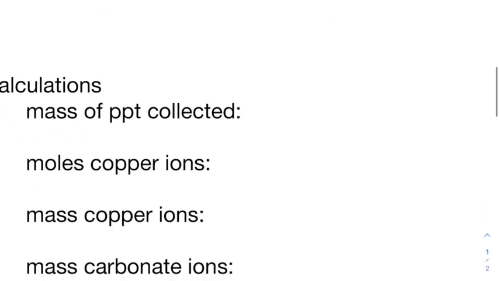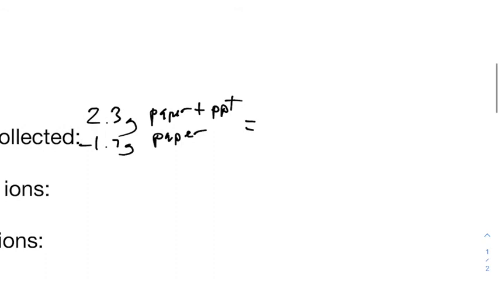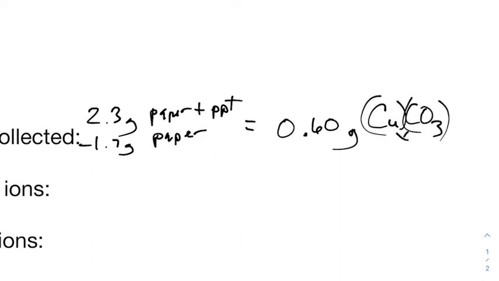So the mass of the precipitate collected is going to be 2.3 grams of the paper plus the precipitate minus the 1.7 grams of the paper, and that should get us 0.60 grams of the copper carbonate precipitate, though we don't know its formula.